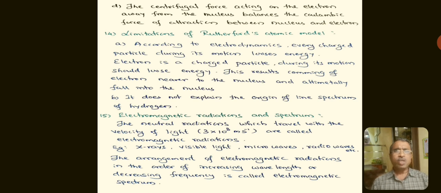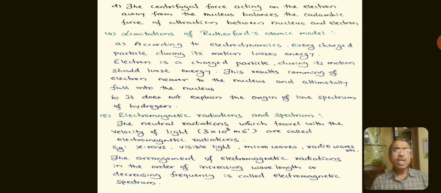Electron is also a charged particle, so during its motion it should lose energy. This results in the electron coming nearer to the nucleus and ultimately falling into the nucleus. Rutherford could not explain this by his theory.